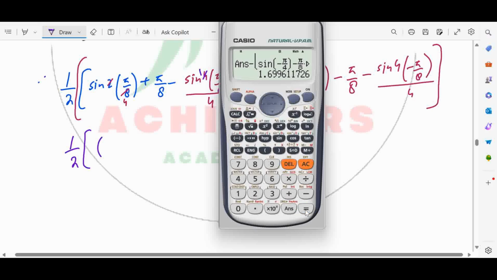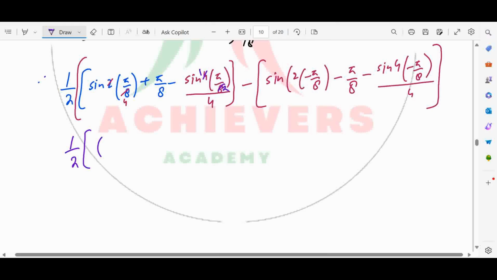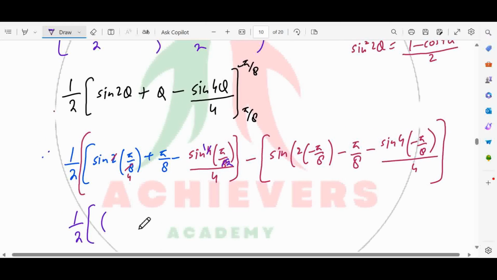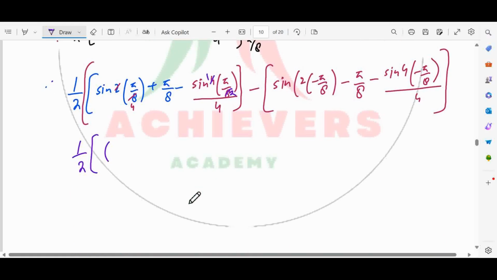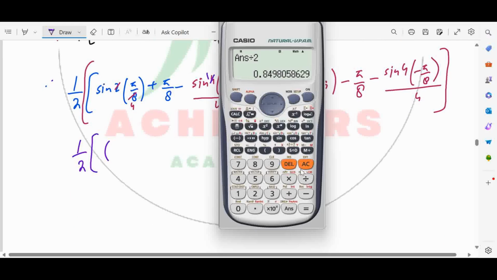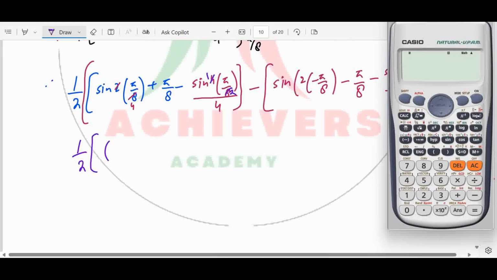This will be equals to 1.699 divided by 2, 0.849. But the problem here is that we have to find the exact value. What we can do is we cannot solve it on calculator directly.